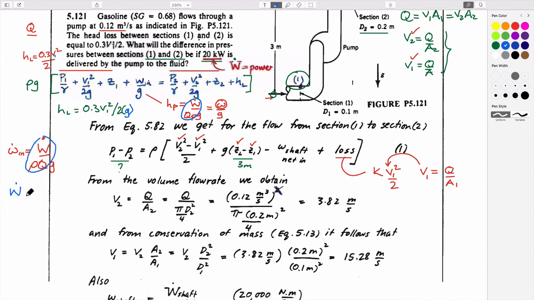We know that uppercase W is equal to 20 times 10 to the 3 watts, which are those units there. And we know that Q, well, we've been given Q. We have Q here. We have the density, which is equal to specific gravity of gasoline multiplied by the density of water. And so we have this. And we have G is equal to 9.81.